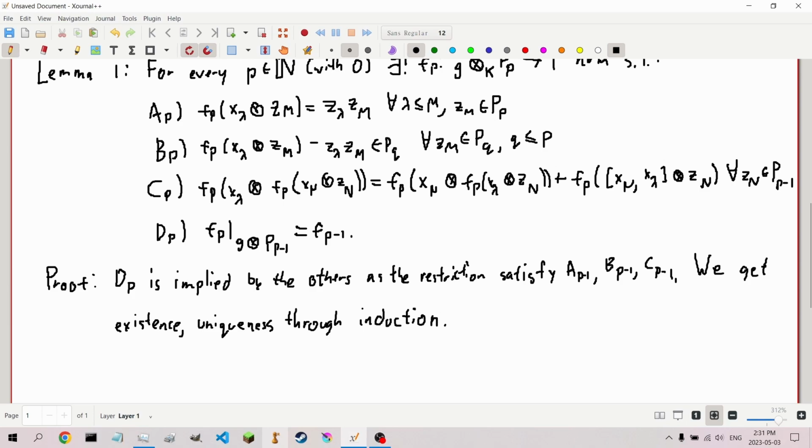We want to show that we can build a map F. So our base case is p equals 0.